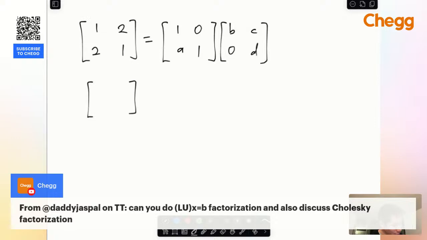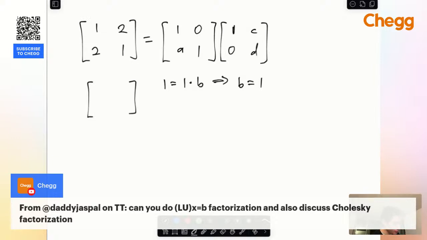Then I can write 1 equals 1 times B. And so I solve for B equals 1. I'll just substitute that in.